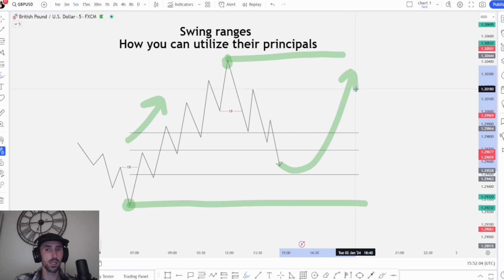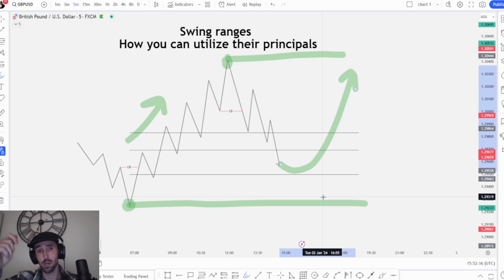Now, the one point that I will really make within this is that the fib tool can be used at any point within price. Literally any point, the fib tool can be pulled out and applied, and you can trade based off of that. Now, it's the points that you're applying and measuring within this fib range that is going to determine the likelihood of it working. Now, because we have a pre-established notion and we already have a bias delivered by our swing range, we already have a pretty strong idea that price is going to continue to travel in the direction we've already depicted.